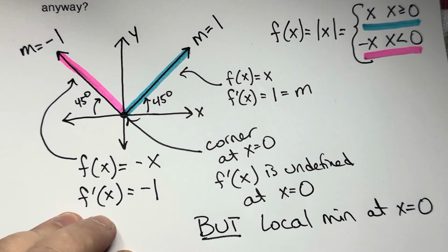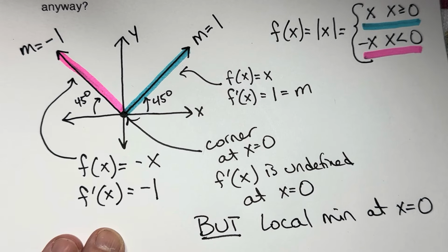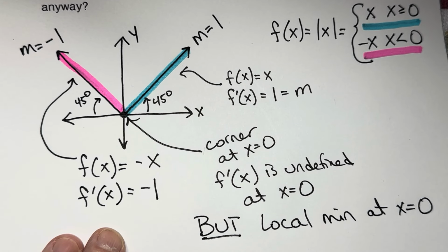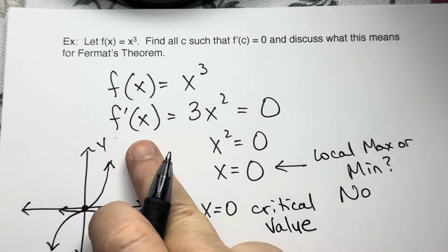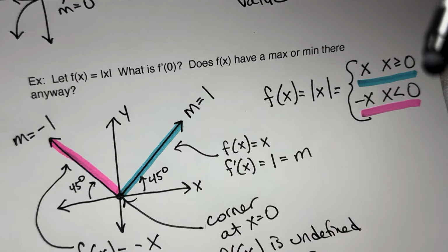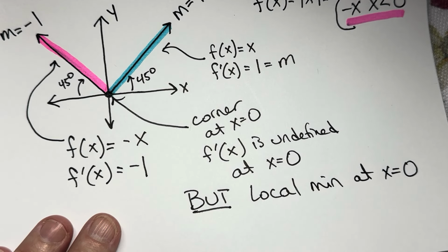This is a case where the derivative is undefined, and there's a local minimum at x equals 0. So now what we have to remember is either we take the derivative and find where the derivative equals 0, easy peasy, or we look for where the derivative is undefined. So two cases we got to look for: equal to 0 and undefined.